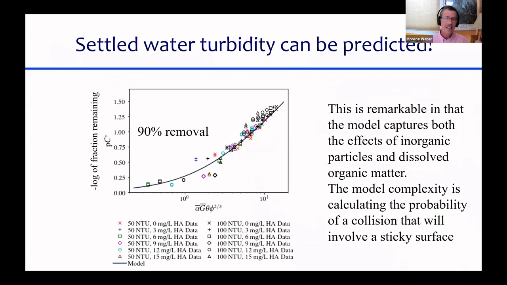And then this is the performance curve taking all of Ingda's data, where she was doing coagulation of humic acid plus clay, dissolved organic matter plus clay, and showing that that all nicely falls onto one curve as well.